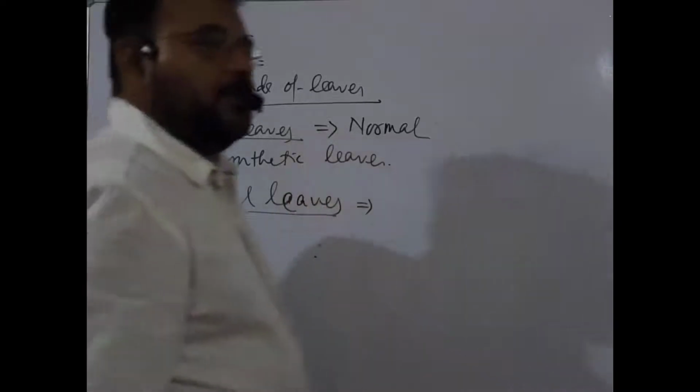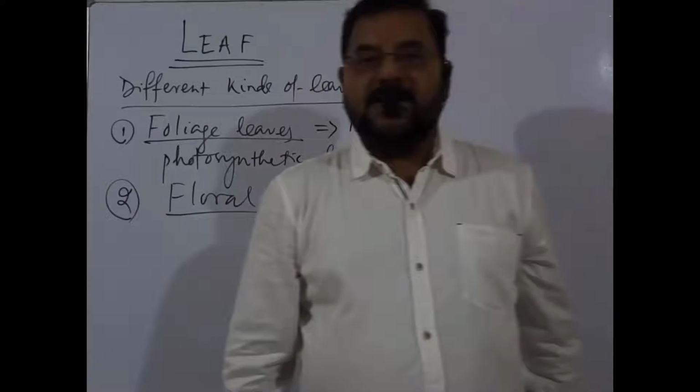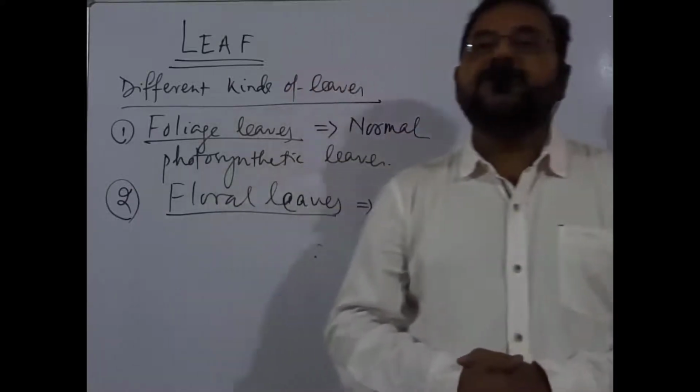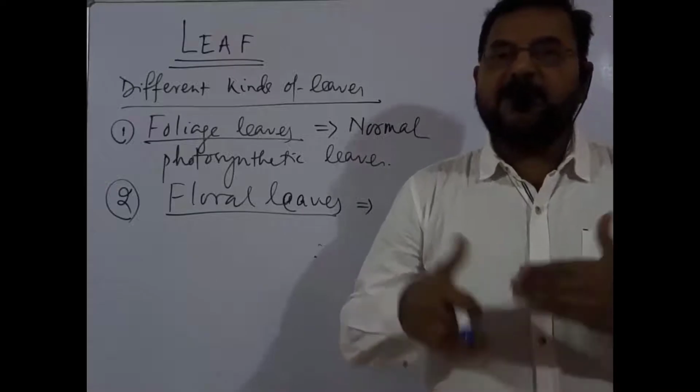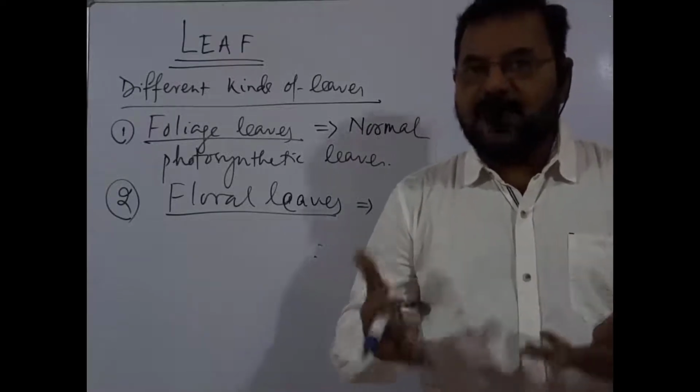So all of you know about the parts of the flower, that is the calyx or sepals, petals, stamens and carpels. A flower is a modified shoot, that means a modified branch.